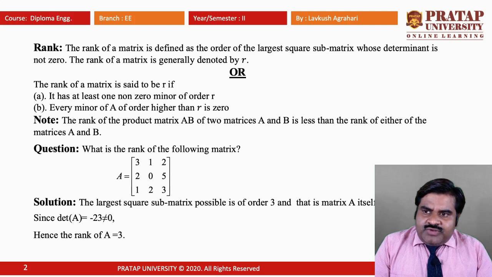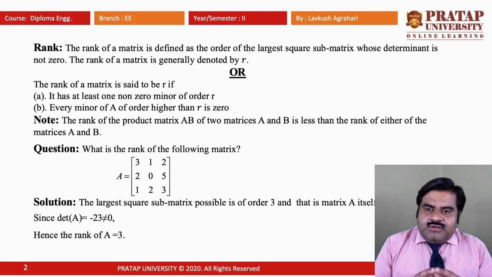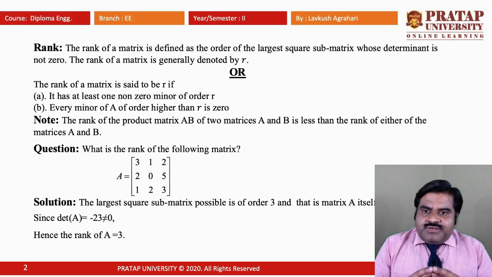So the summary of the definition is, let's say we have a 3 cross 3 square matrix, of order 3. If we calculate the determinant of the matrix of order 3 and we get 0, then we can say the rank of the matrix cannot be 3.